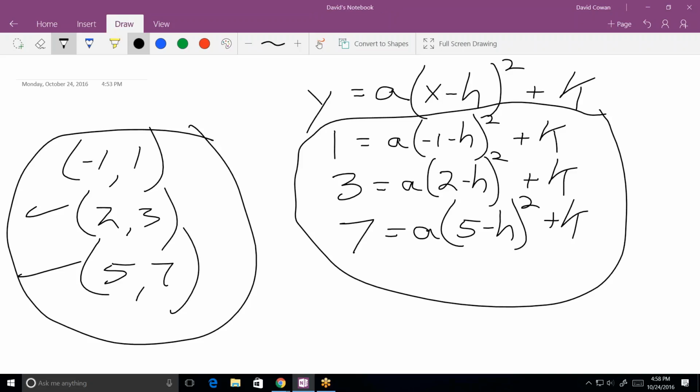My variables are a, h, and k in all 3 equations. So whenever you have the same number of variables as you have equations, you can always solve for the variables. And then I'm going to end up with a final equation where I have a number for a, a number for h, and a number for k.